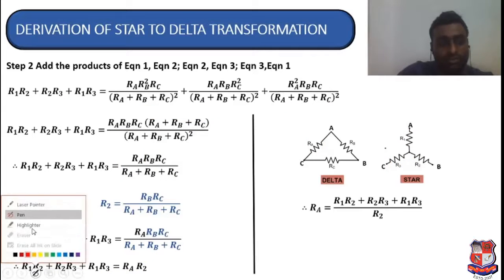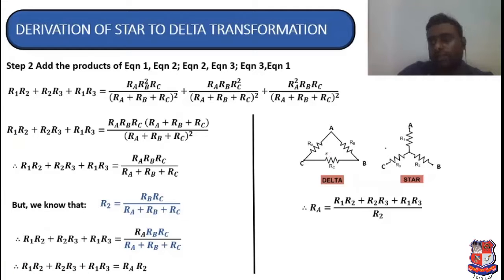So from this you can say what the equivalent delta circuit will be. The equivalent delta resistance is nothing but the sum of products of all the resistances of the star circuit, that is R1 into R2 plus R2 into R3 plus R3 into R1, divided by the opposite branch resistance. Here there is RA and here R2, so R2 is opposite. So that will divide the sum of the products.